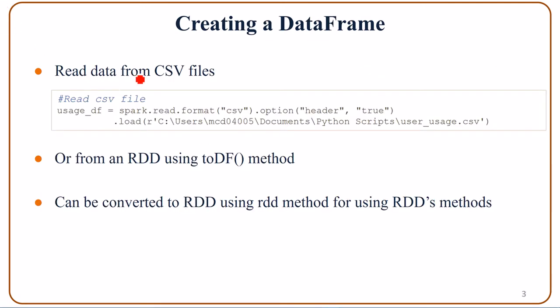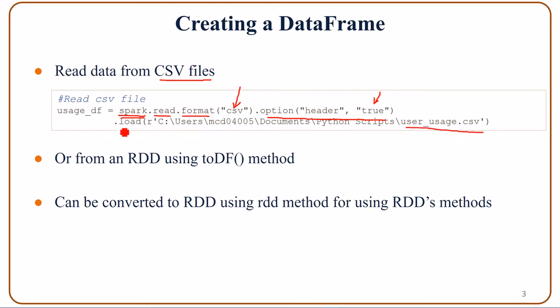In order to create a data frame, you can read data from CSV files. So you start with the Spark session and use spark.read.format, and the format here is CSV. Another is JSON, but in this case you use CSV. And in option you say header is true, because we have a header in the CSV file.